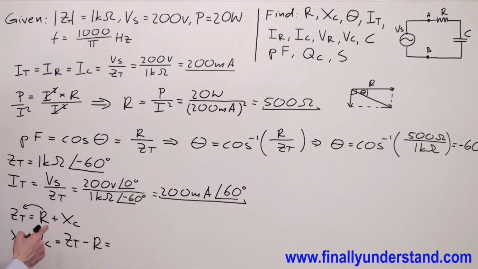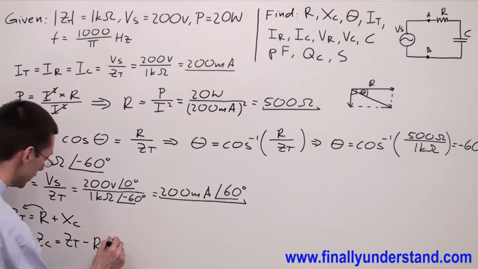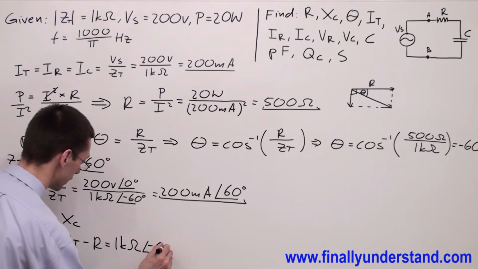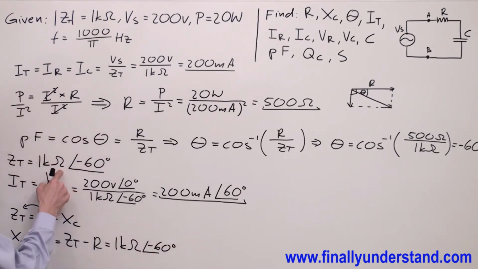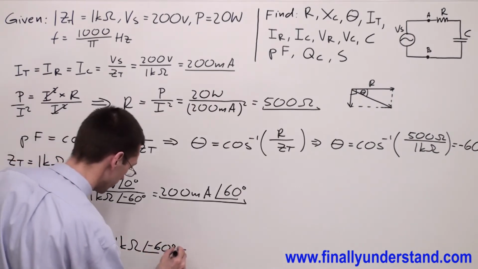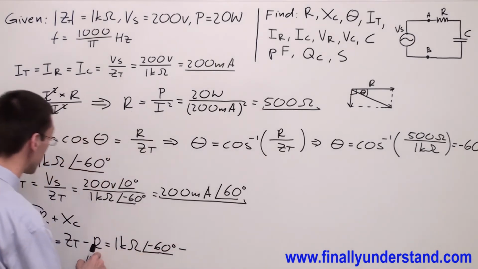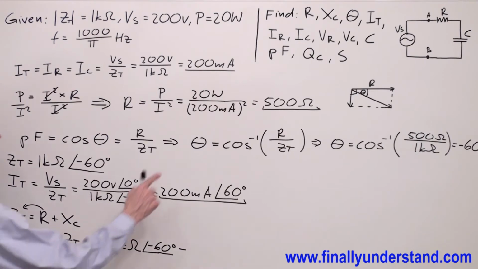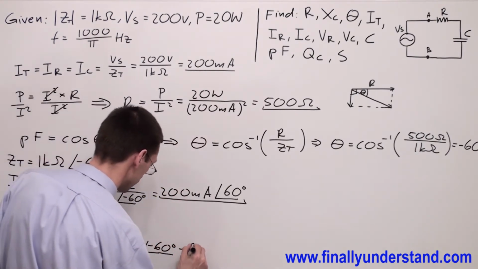We found Z total equals 1 kilo ohm and an angle of negative 60 degrees, my Z total, minus R, and we found that R is equal to 500 ohms.